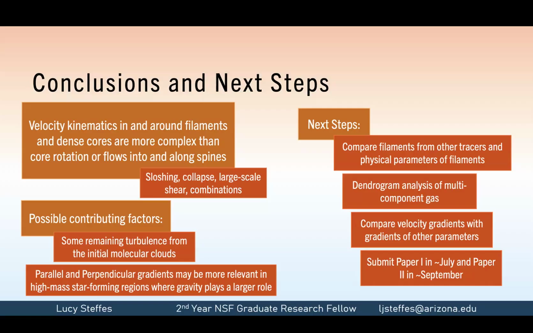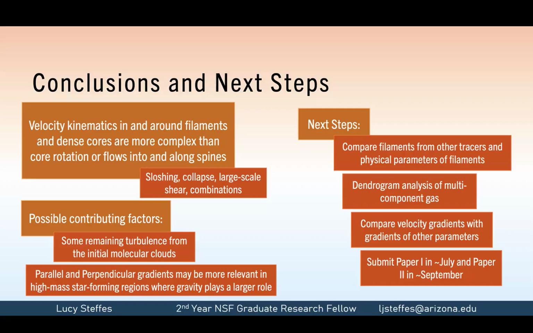So some next steps for me is to compare those filaments in the other tracers in a bit more of a mathematically rigorous way, and also compare the physical parameters of the filaments like the mass and the density. Then I'll also, as I mentioned earlier, be conducting a dendrogram analysis, especially of that multi-component gas in B211, and compare the velocity gradients with other gradients of physical parameters, such as the density.